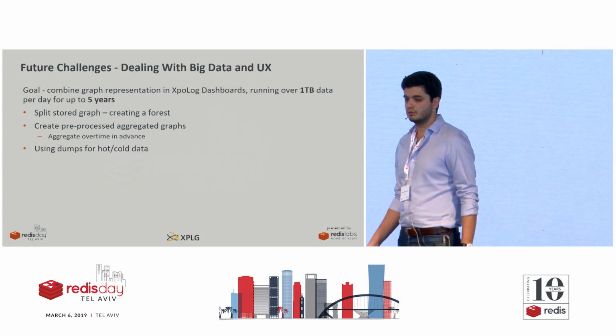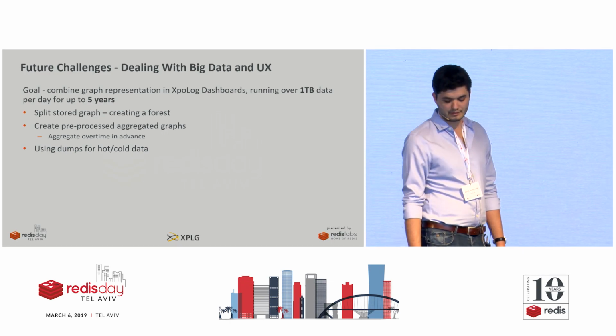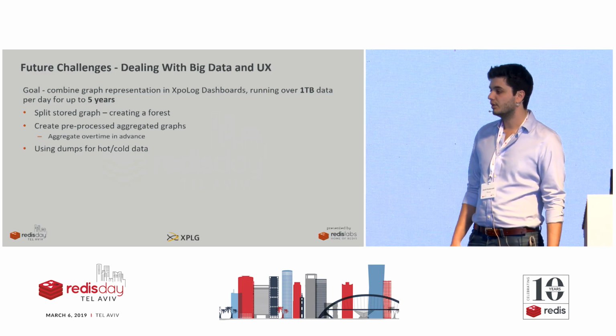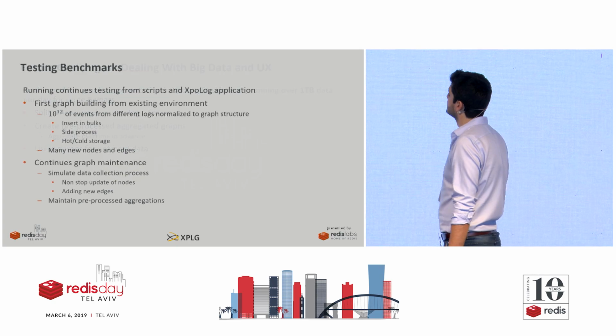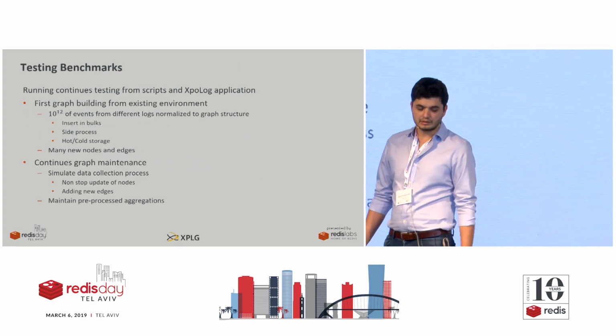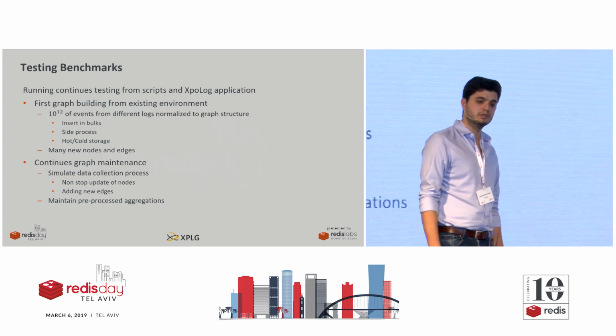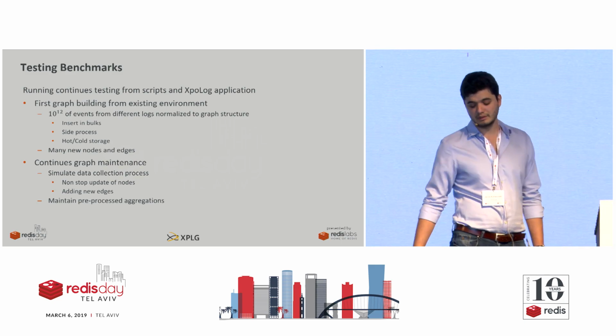Up until now, all the aggregations are done in real time. We'll probably use some hot and cold data dumps as well. That's mandatory, I assume. We are in the process of benchmarking, and hopefully when we finish, we'll be able to release at least part of this to the community.